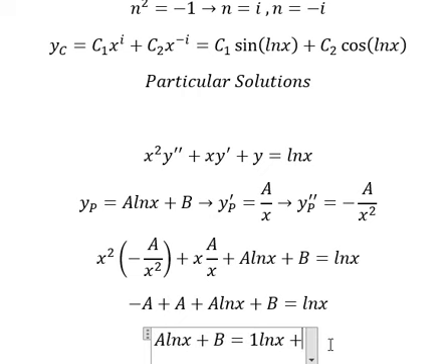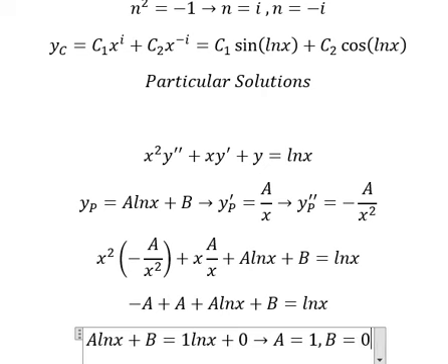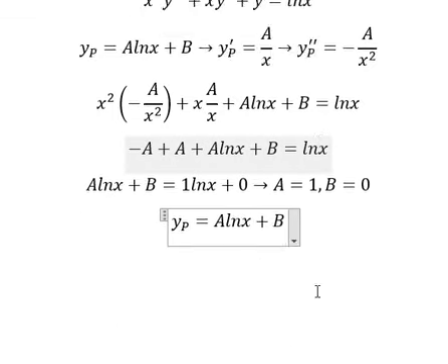We don't have the number in here, that is 0. So that means A equals 1, B equals 0. And we put 1 and 0 in here. And we got ln s.